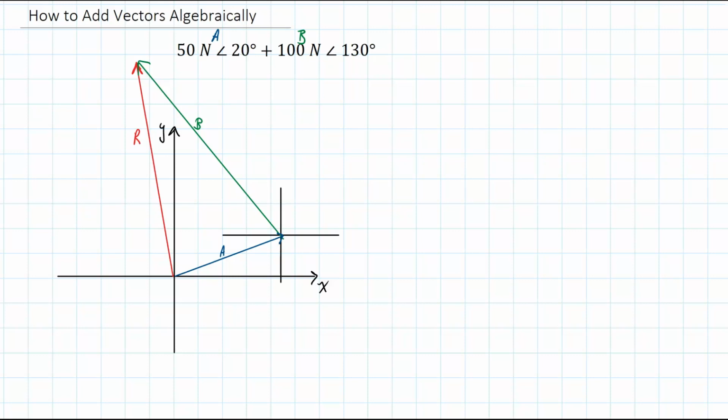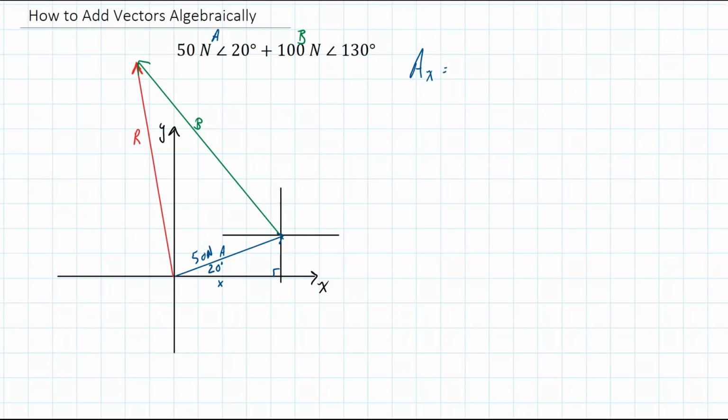So let's take a look at, first of all, vector A. Vector A forms a little right triangle right here. We know that this is 50 newtons, and we know that it is 20 degrees right here. Thinking back to trig, we want to find the x value, and I'm going to call that A sub x. It's the x value of the A vector.